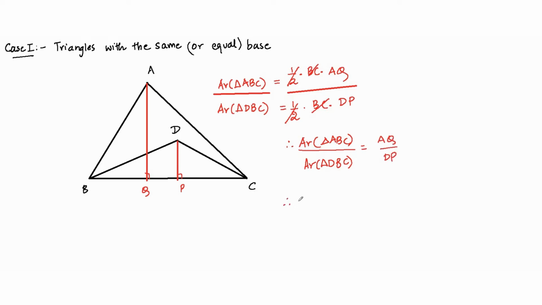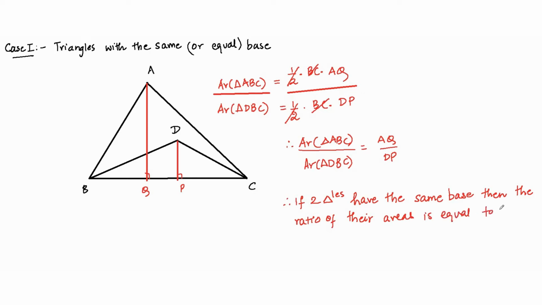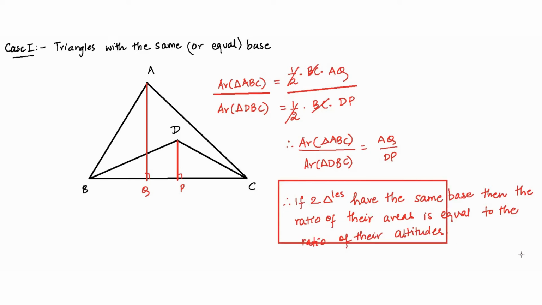Therefore, I can say if two triangles have the same base, then the ratio of their areas is equal to the ratio of their altitudes. Right? So this is the first theorem that we have learned right now.